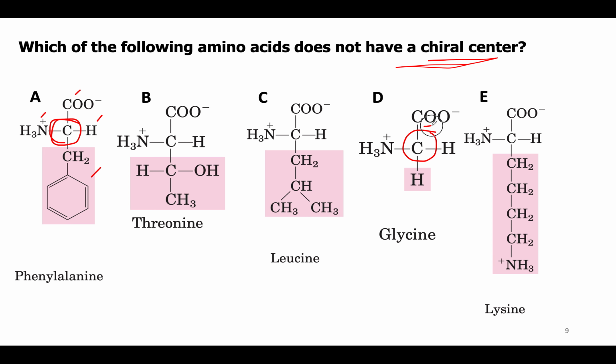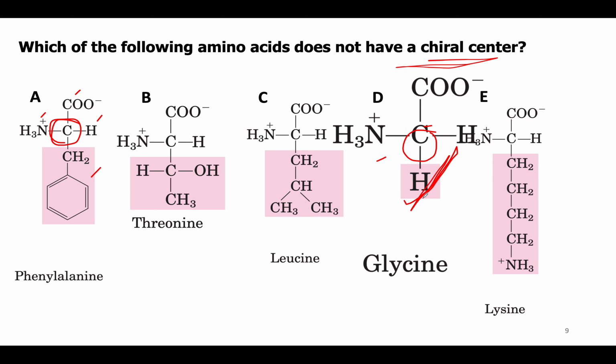Yes, one is a carboxyl group, the other one is an amino group, but look here, you have two hydrogens bonded to two different hands of the carbon. That means this specific amino acid does not have a chiral center. So the answer for this is glycine.